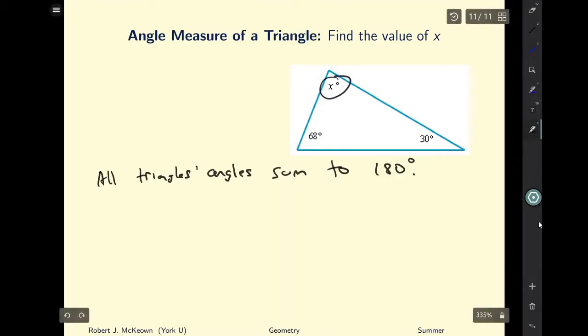If we want to know what this x value is, the angle of this corner up here, it's going to be equal to x plus 68 degrees plus 30 degrees. It's going to be equal to 180 degrees. And so x is just going to be equal to 82 degrees.